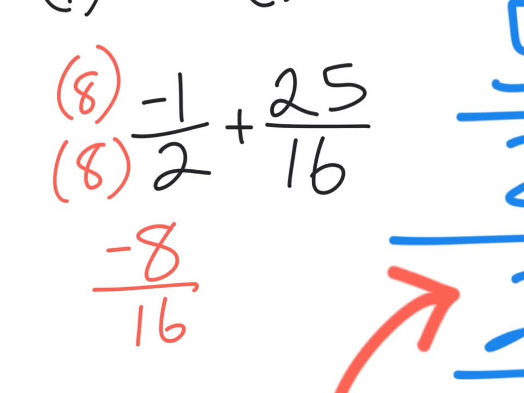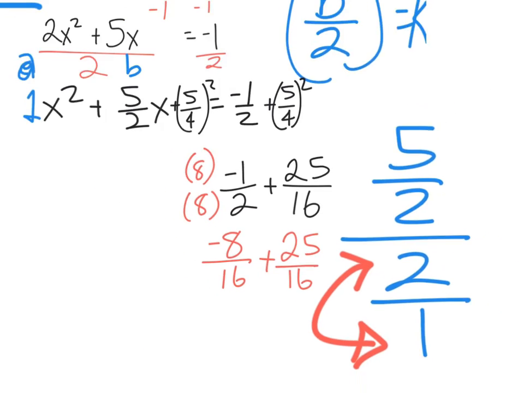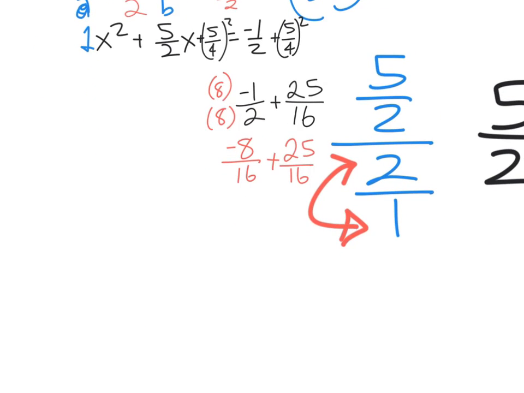So we've got -8 over 16 plus 25 over 16. And that is going to give us what? 9 over 16. Beautiful. All right, so right now on the right side, we've got 9 over 16.